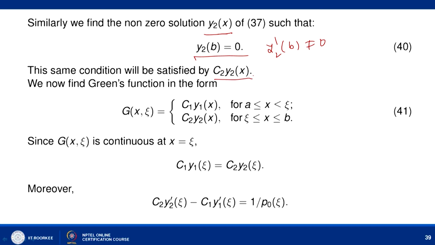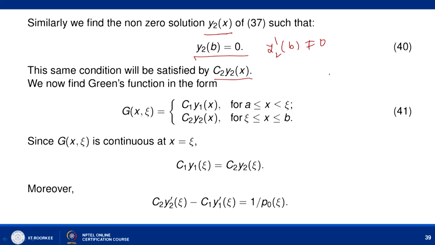So, now we propose our Green's function in the following form: g(x, xi) equal to c1 y1(x) for x from a to xi, and c2 y2(x) for x from xi to b.